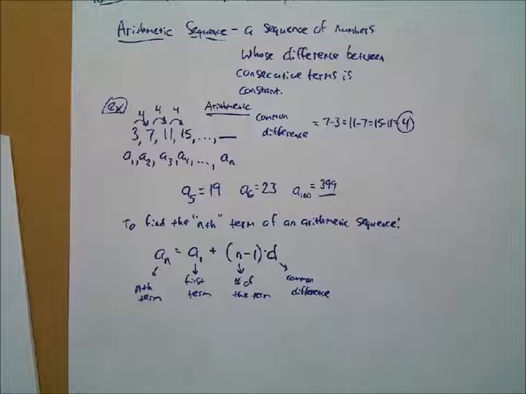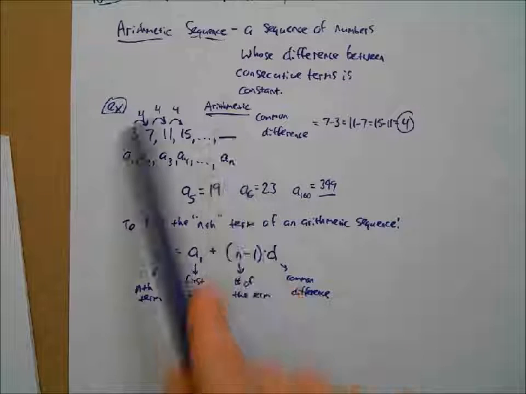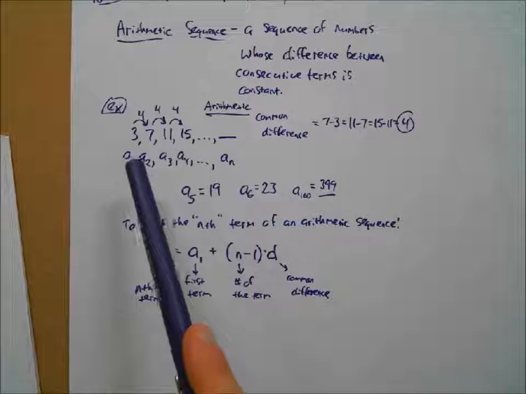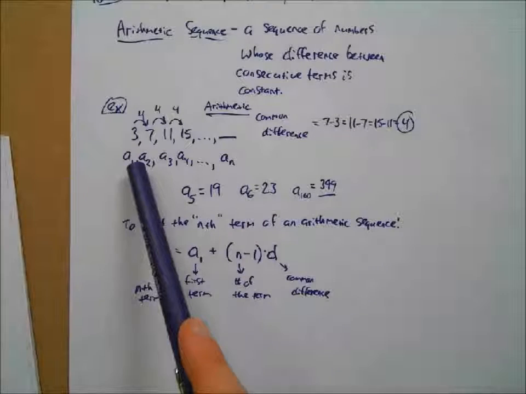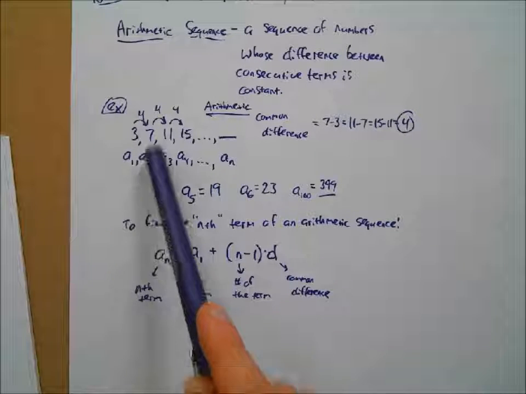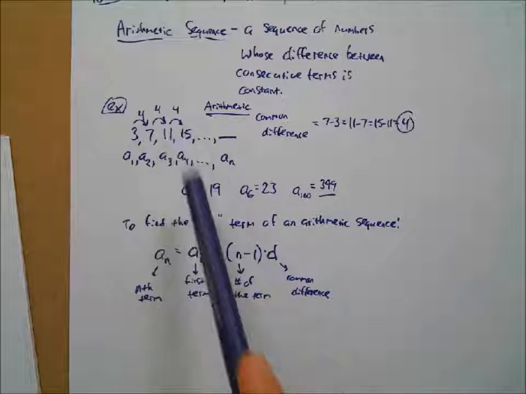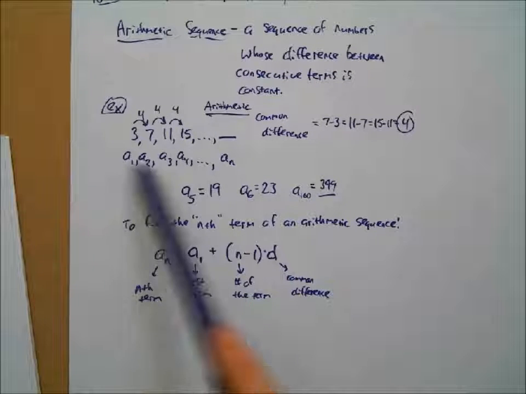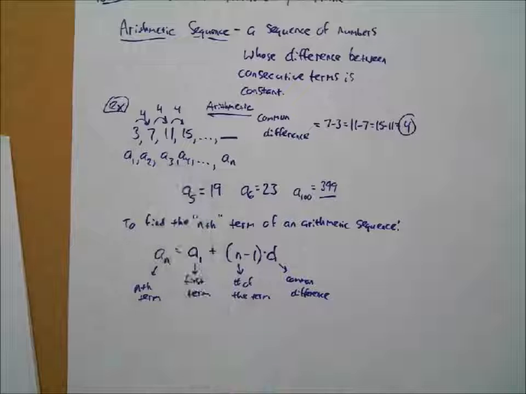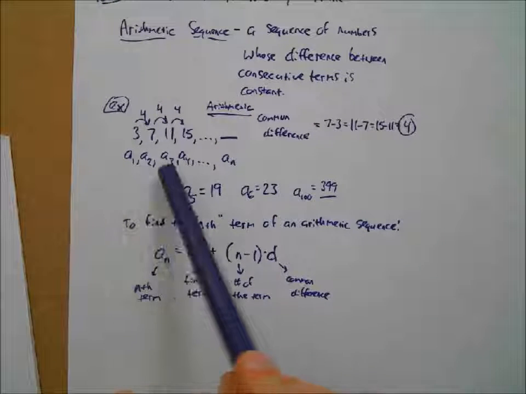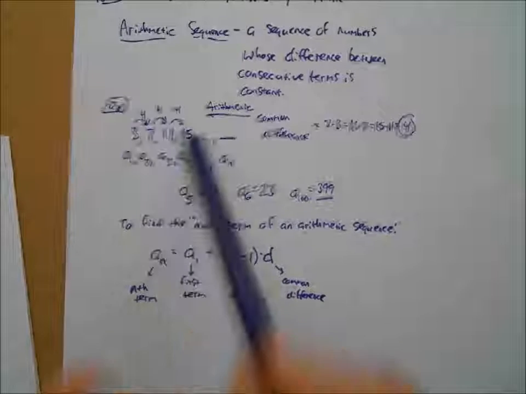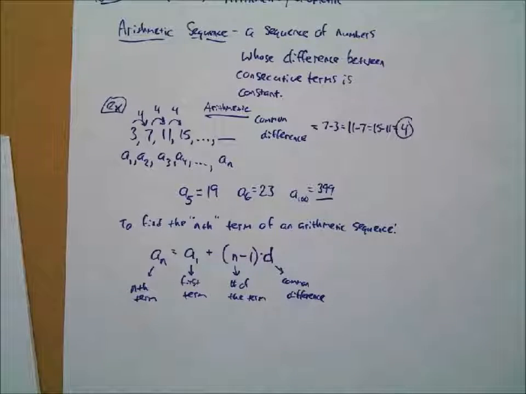This is one formula you can memorize if you want to. But I would also argue it's not super necessary, because if you were to plot points where you had 1, 3; 2, 7; 3, 11; 4, 15, so the number of the term as the x coordinate and the term itself as the y coordinate, 1, 2, 3, 4 for your x's and 3, 7, 11, 15 for your y's, what kind of graph would you get?